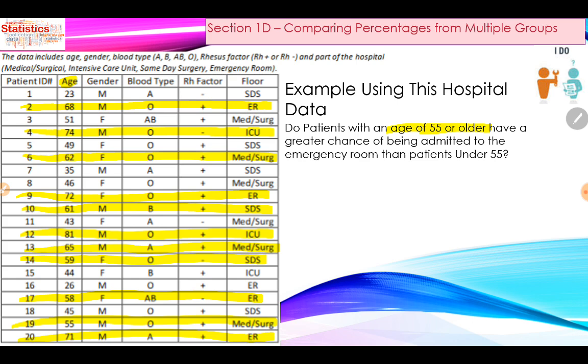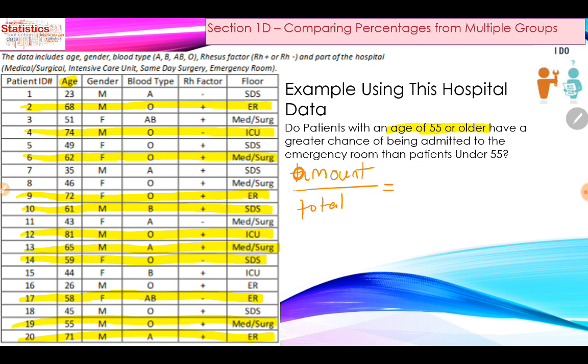Actually, before I go into that, let's remember our formula for finding out that probability, the proportion of those patients that went into the ER. We look at the amount over the total.